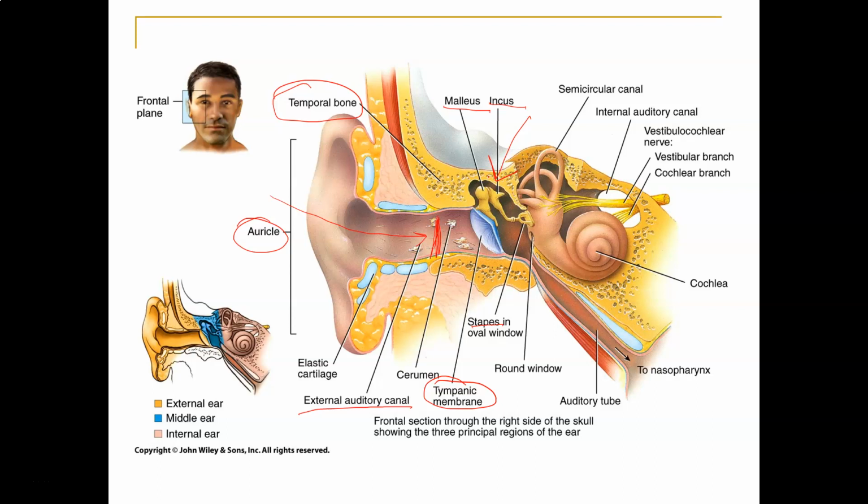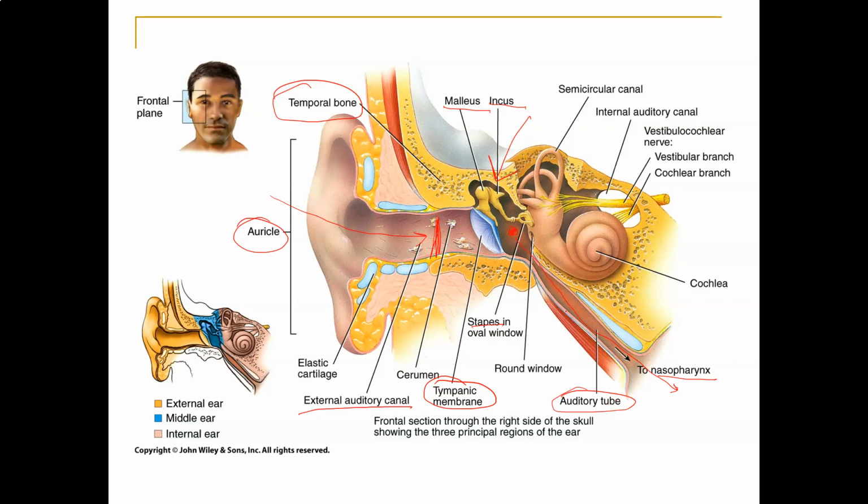And they are in an air-filled chamber. This is the middle ear cavity within the temporal bone in here. And then notice there is a tube connecting the middle ear cavity to your nasopharynx, the upper part of your throat, and that is called the auditory tube or eustachian tube.